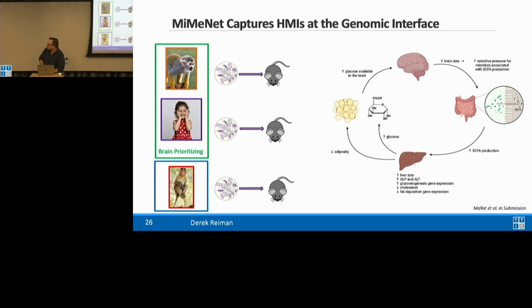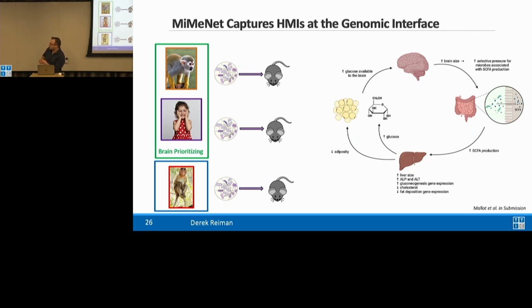What they're studying is a difference in brain prioritization. In primates, there are two different ways of brain growth, one being high prioritization, such as humans and squirrel monkeys, where, especially in the early stages of life, the body is providing a lot of energy and metabolism to sustain rapid brain growth.